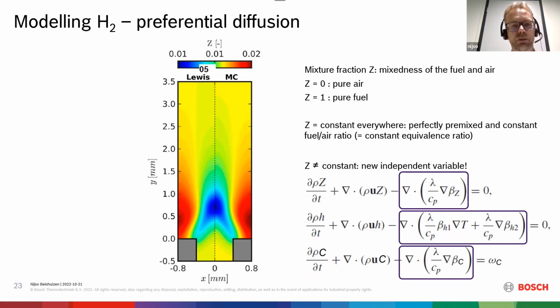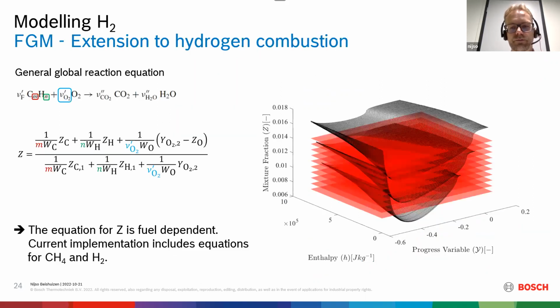We store them in the lookup table. Now, for purely premixed flames where preferential diffusion can be neglected, the flame can be described using the progress variable and the enthalpy. But for flames where the mixture fraction does not stay constant, we need to solve this additional transport equation for the mixture fraction.